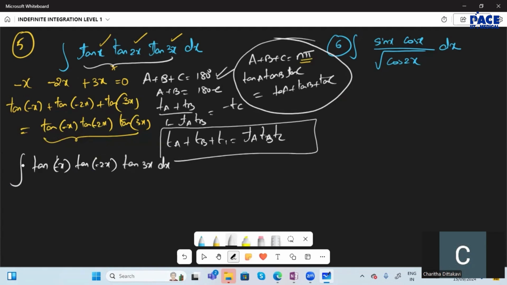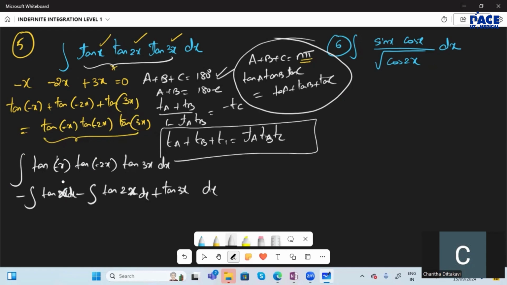Now, the product of these values can be taken to be the sum of the same values, isn't it? So now I'm rewriting the question like minus tan x plus minus tan 2x plus tan 3x dx. Is that clear?